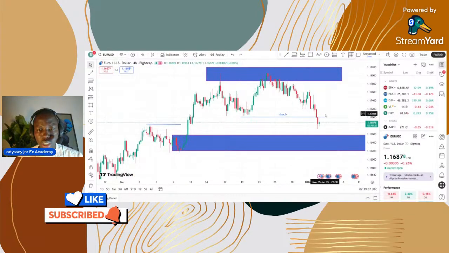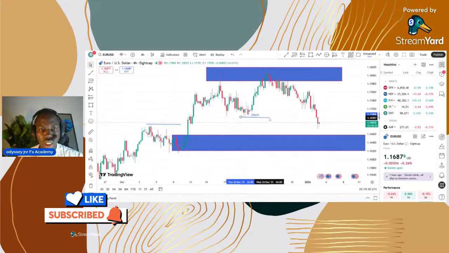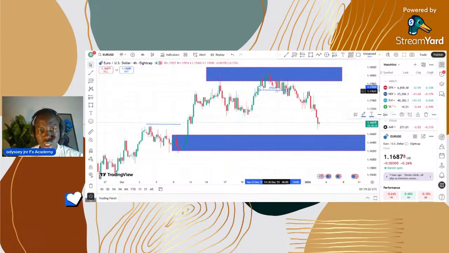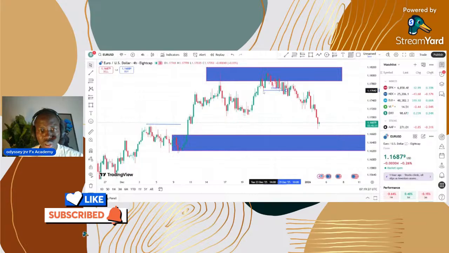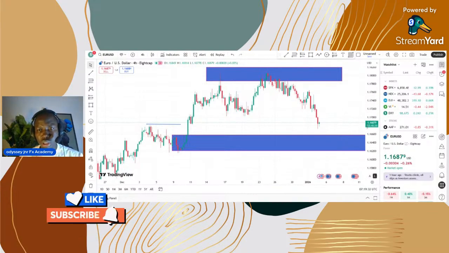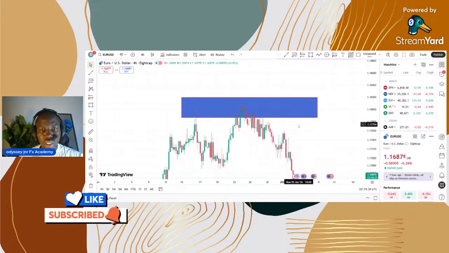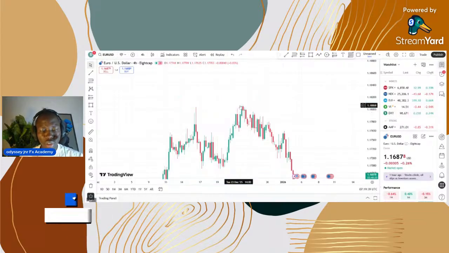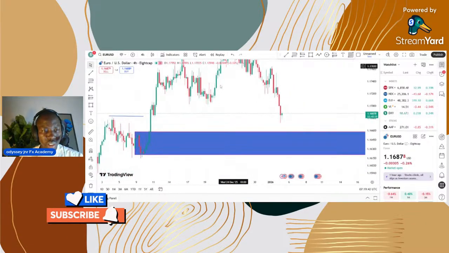In the 4 hours, see from here is where the change of character happened in 4 hours. So I'll be looking out for a sell opportunity. Remove this, I don't need it to do anything.